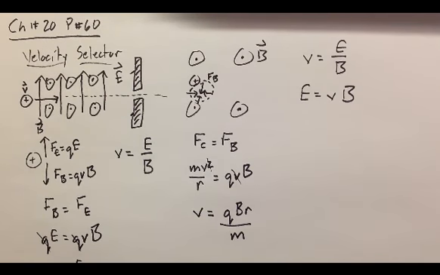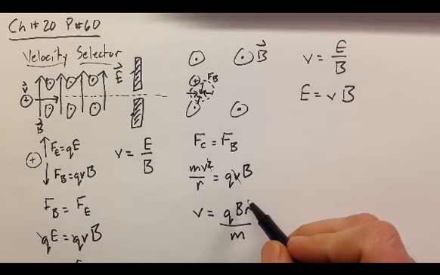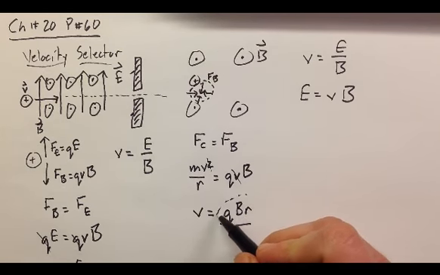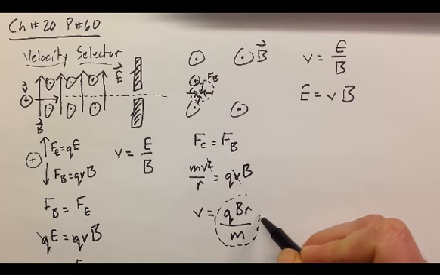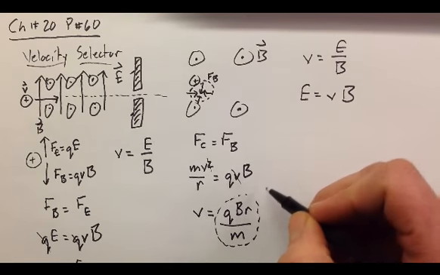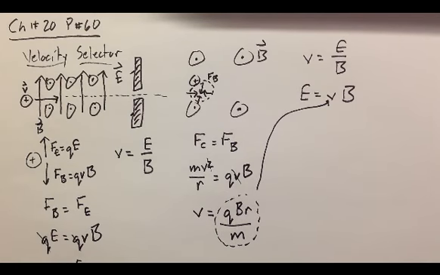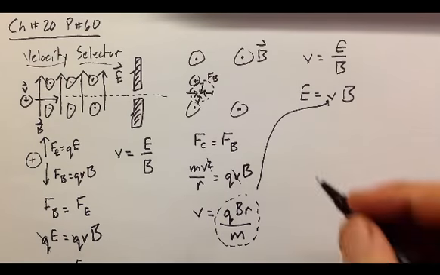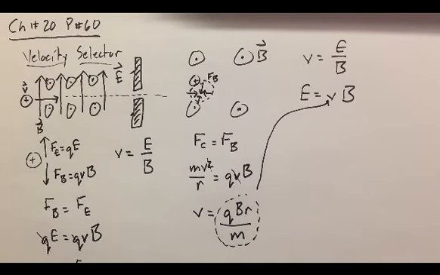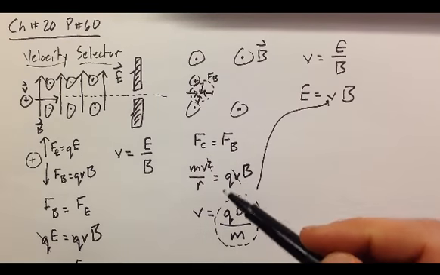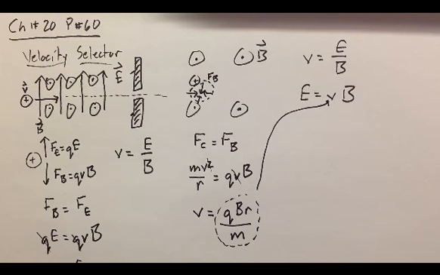Well, they don't tell us the velocity in this problem, though. So what we're going to have to do is figure out the velocity by using these equations over here, plug this velocity into this equation here and use that to calculate the strength of the electric field that we would need to apply to make this proton move in a straight line instead of in a circular path.